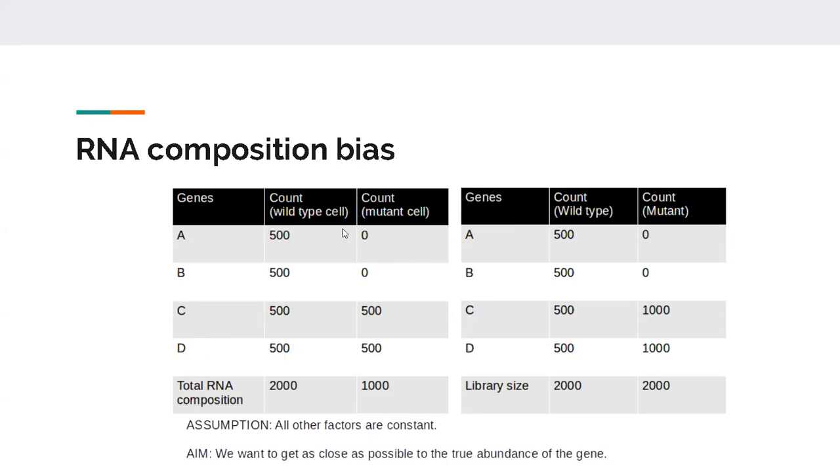There are no transcripts being produced by gene A and B in the mutant. So they are highly expressed in the wild type, whereas the expression of C and D does not change in both the conditions. This is the reality.